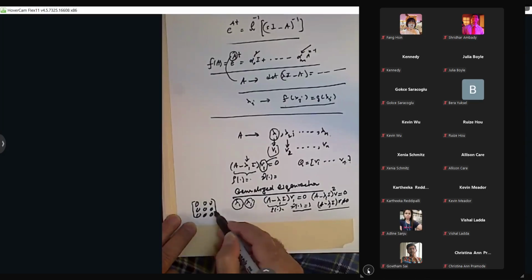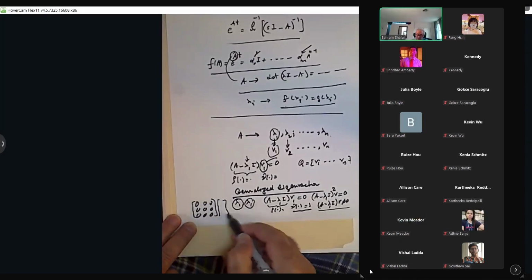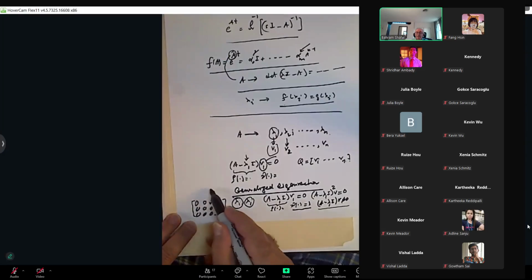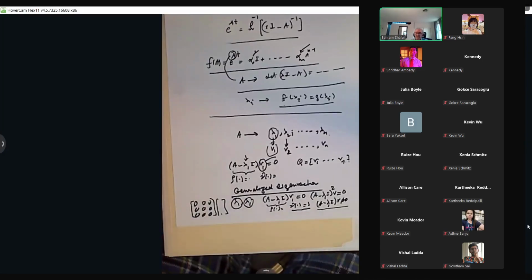In that case, you have a choice to find the generalized eigenvector that satisfies this, while A minus lambda I to the power 2 is different than 0, and so on. Is that understood? Yeah.